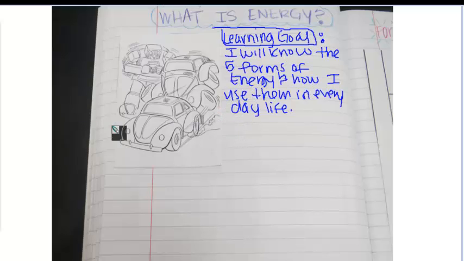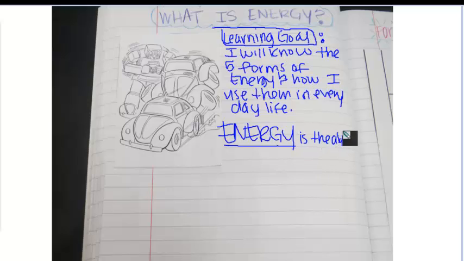Then our big definition is energy. Energy is the ability to do work.